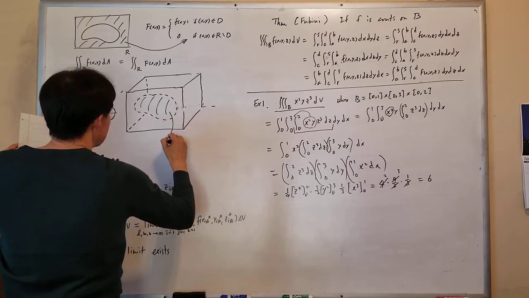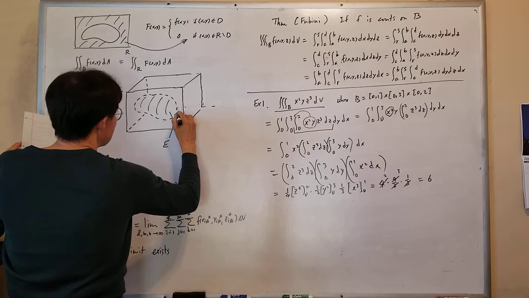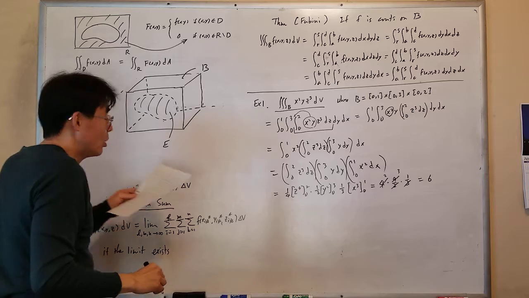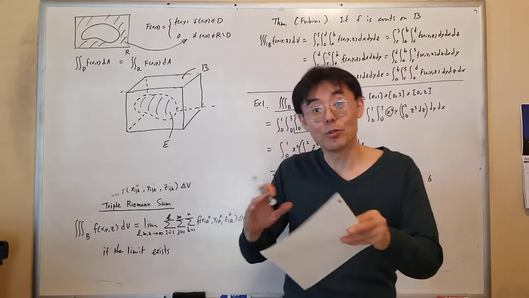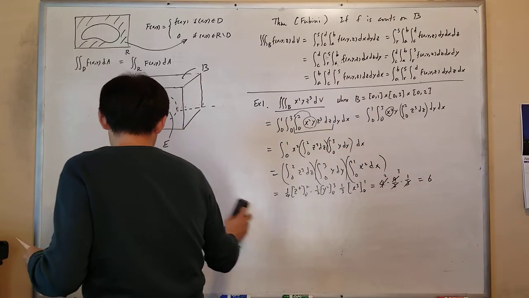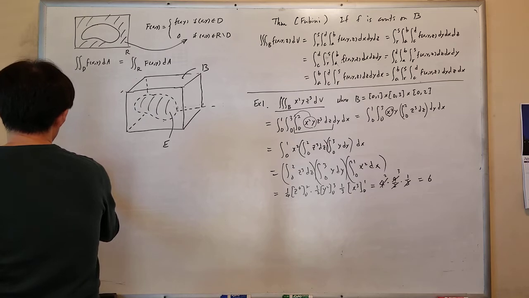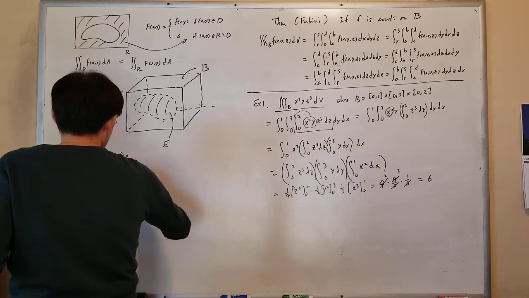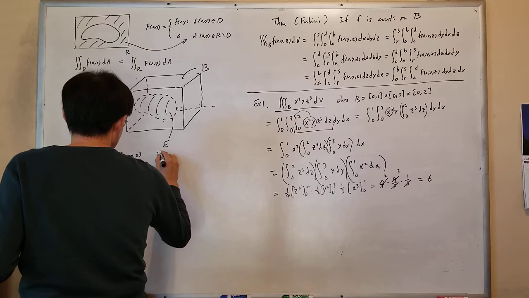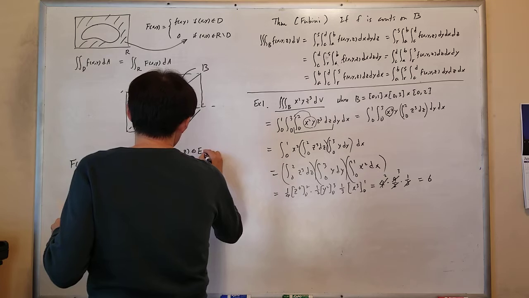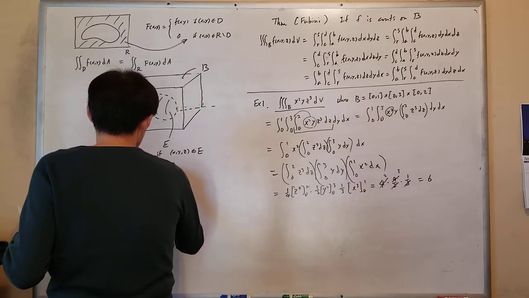This is E. So we consider a big box B to include the original domain E inside. And then we define capital F of x, y, z as the same as f of x, y, z if (x, y, z) is in the original domain E, or 0 otherwise.